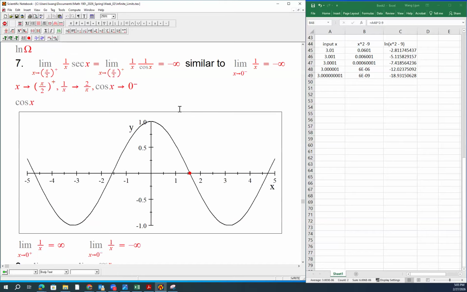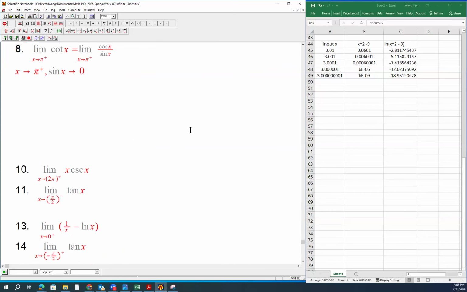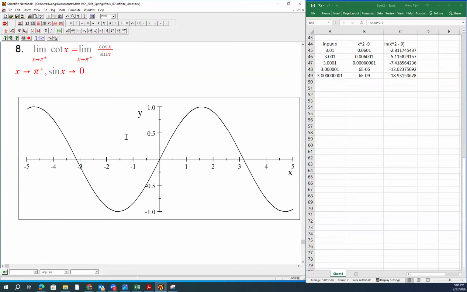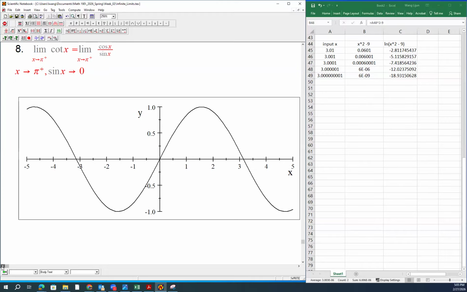So we're going to bring our sine curve with us. So this is our sine curve. And we want to figure out, when x approaches pi from larger than pi, sine x approaches 0 from which side?